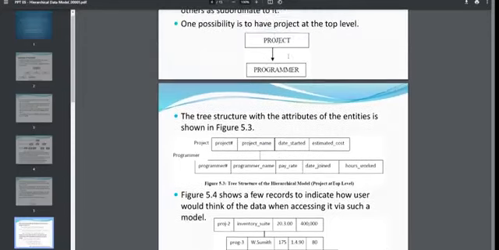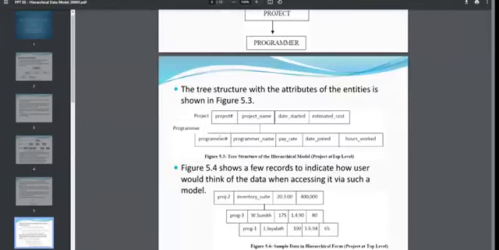The project has a programmer. Then project attributes are these things, right? Then programmer's attributes are these things.